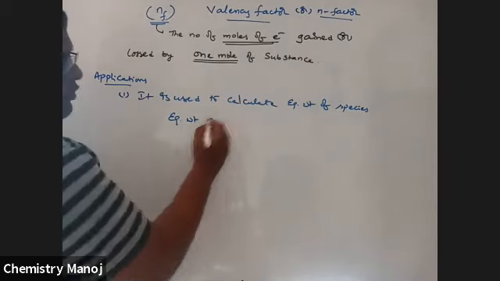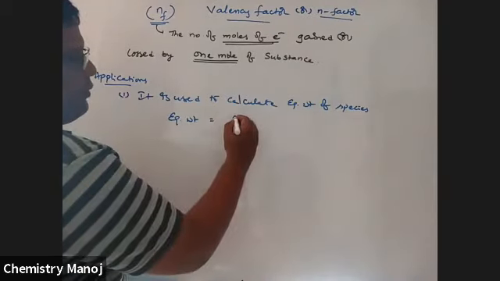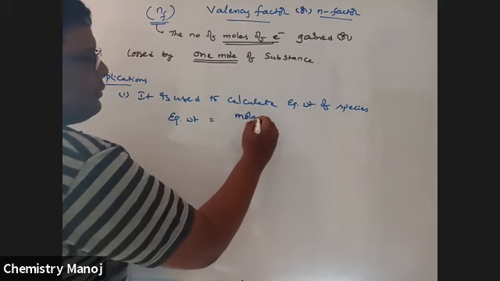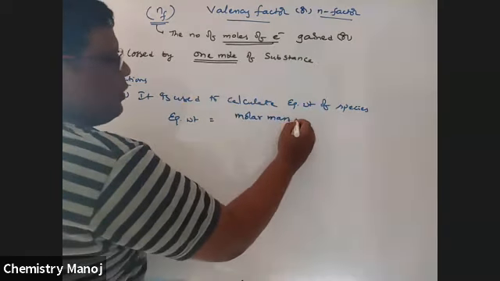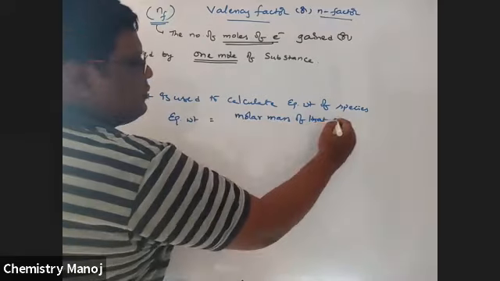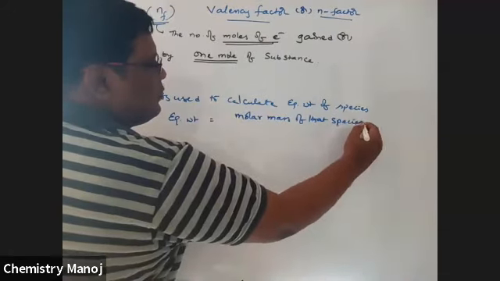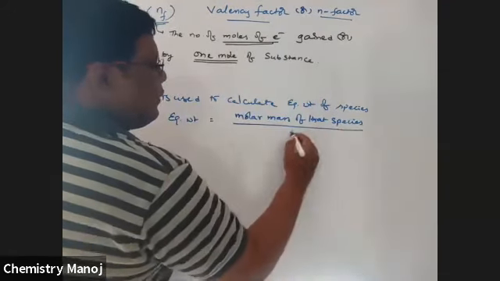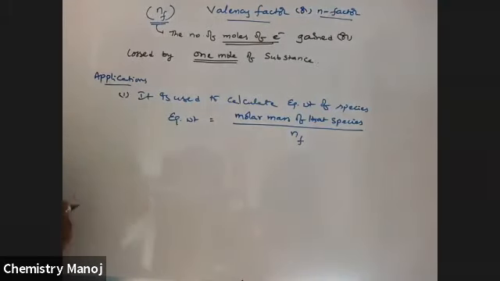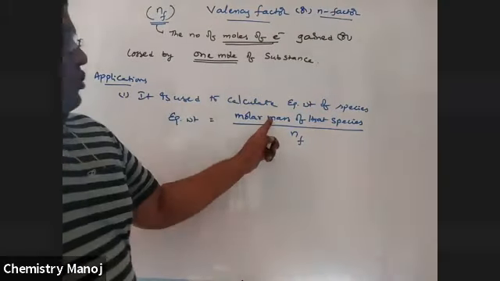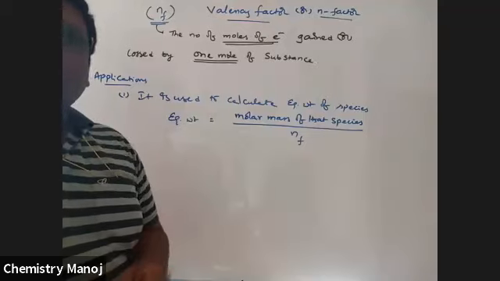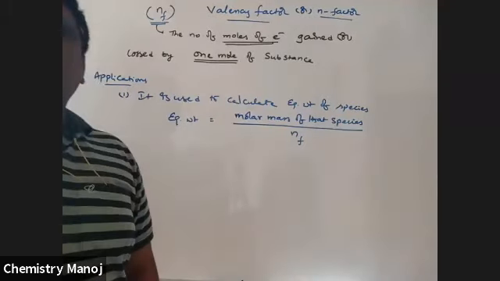Equivalent weight is equal to molar mass of that species by n factor. If you know the n factor, you can calculate equivalent weight, because equivalent weight is the most important part.